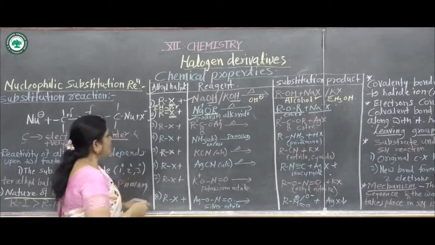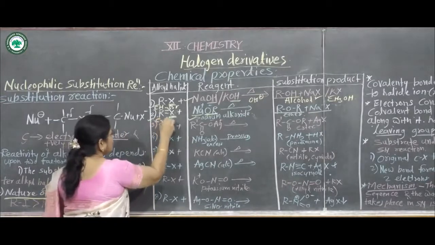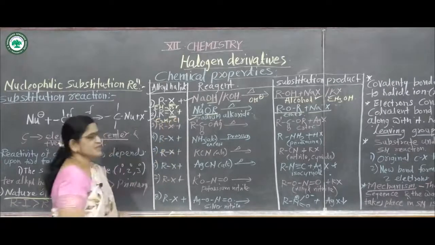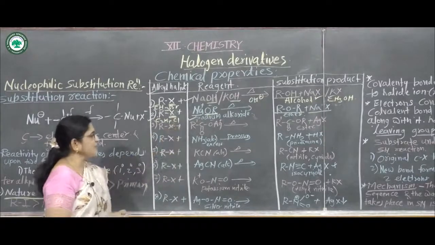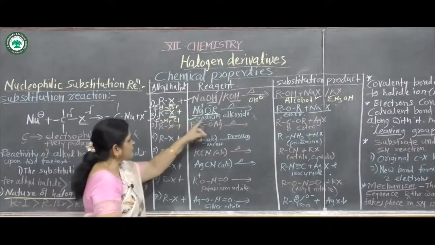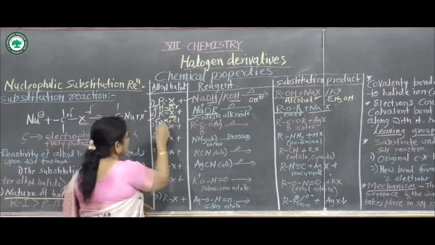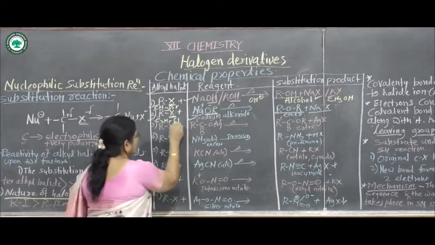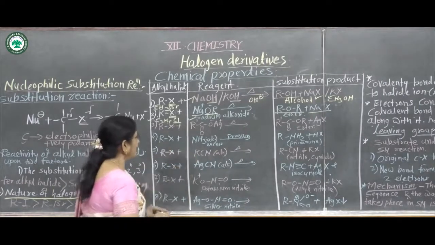For example, suppose the alkyl group is C2H5Cl. Suppose ethyl chloride reacts with sodium alkoxide. Then it gives which product? This Cl, the halogen atom, gets replaced by sodium alkoxide.